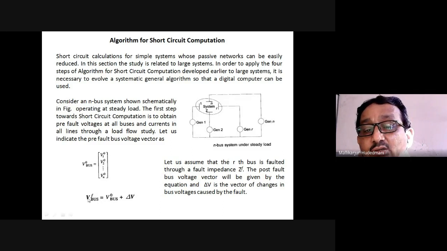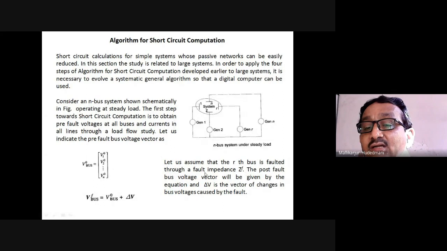That is given as V bus F equal to V bus initial plus delta V. This delta V is the differential voltage of that particular numbered bus from the reference or initial condition. This delta V is nothing but the differential vector of the voltage, which will be the deciding factor to give us the bus voltage during the fault.